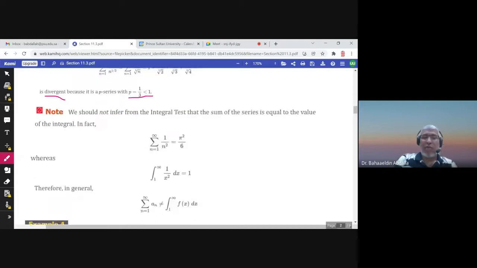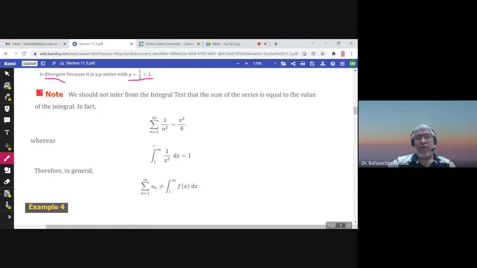So, for example, also the improper integral of 1 over x squared, we have seen that this is equal to 1 in section 7.8. So what do we conclude from here? We conclude that this p series converges. But is the sum of the series equal to 1? No. In fact, it has been proven that the sum of this series is pi squared over 6.